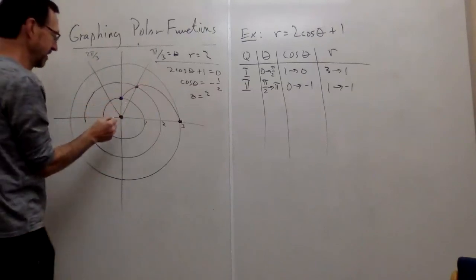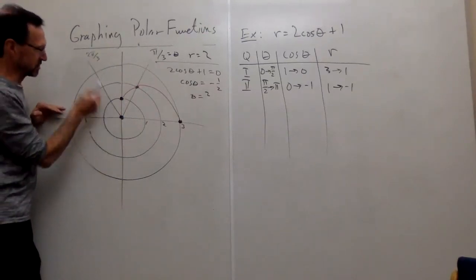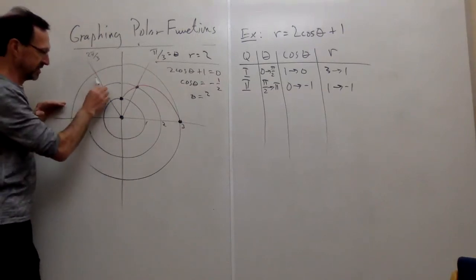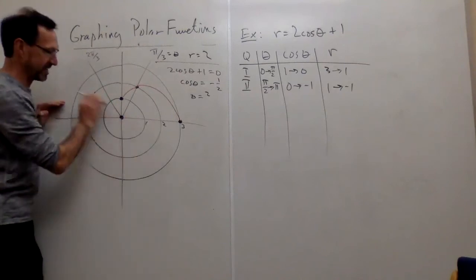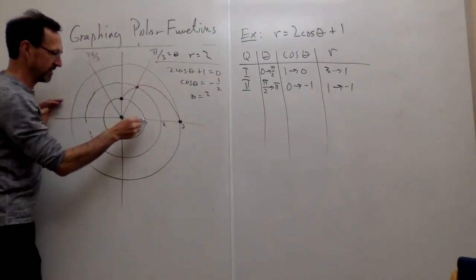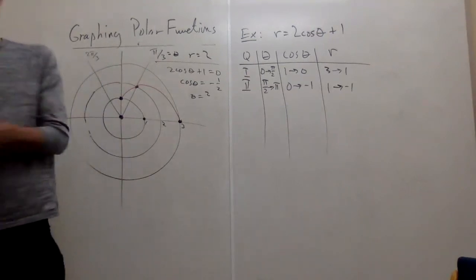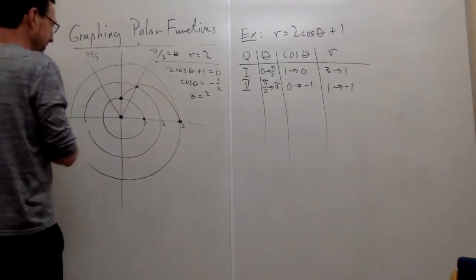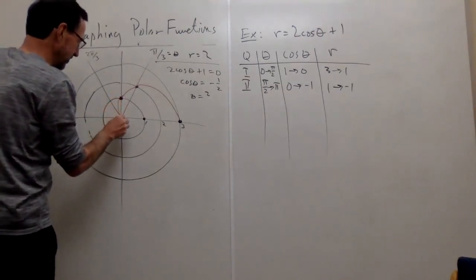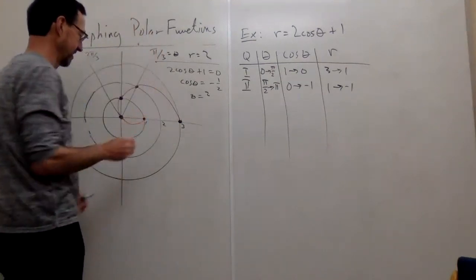So as soon as it passes through the pole at this angle, 2 pi over 3, r is negative. So we start in this region here, we shoot back 180 degrees opposite into quadrant 4, and we end up over there. So if we sketch all of that information, we keep zipping into the pole, we pass through it, and we end up out there.